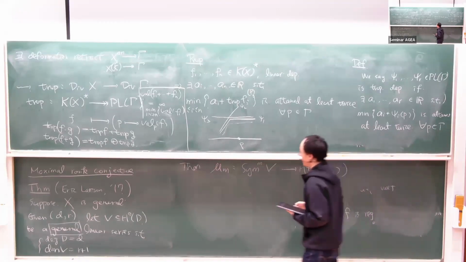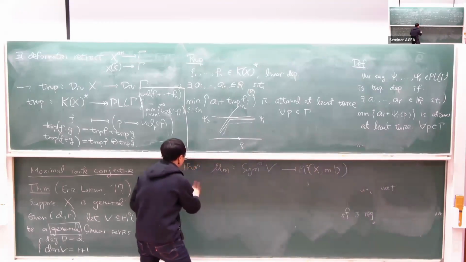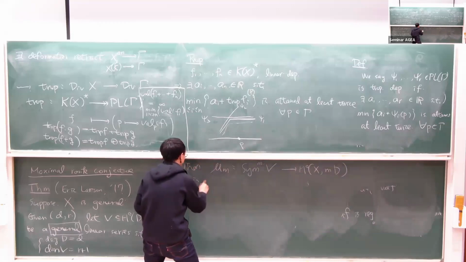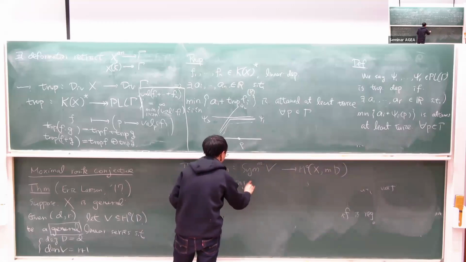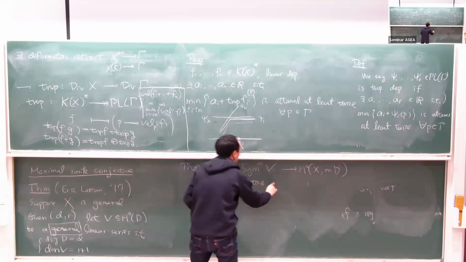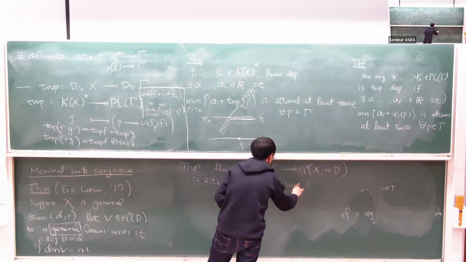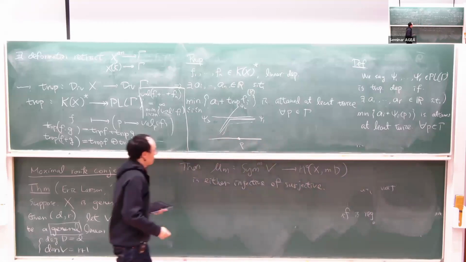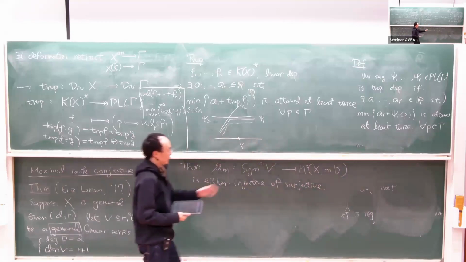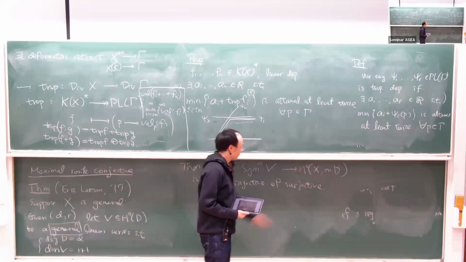And the assertion is that this is either injective or surjective. In other words, the map has the maximum possible rank.